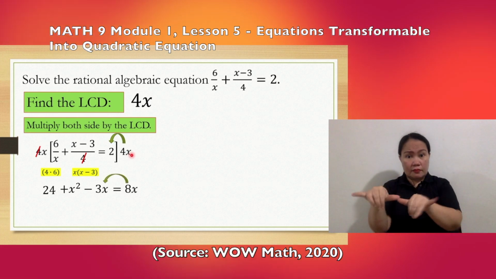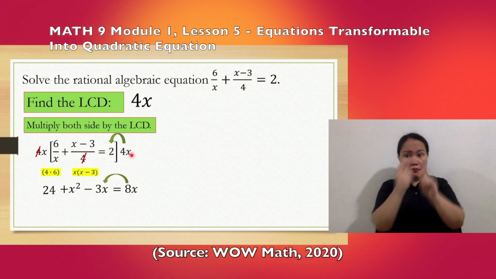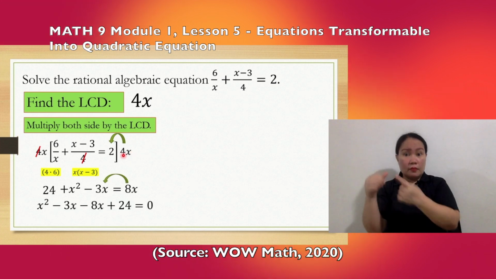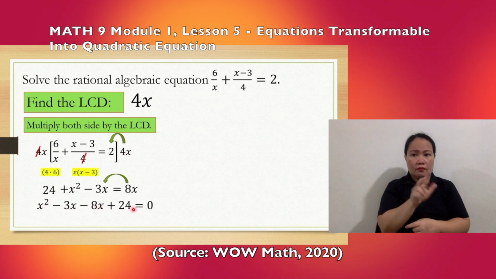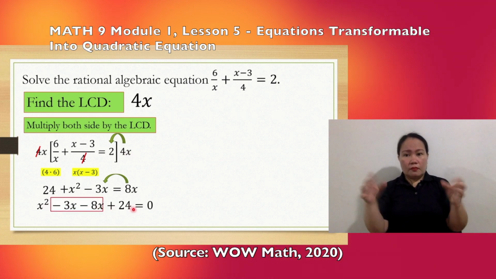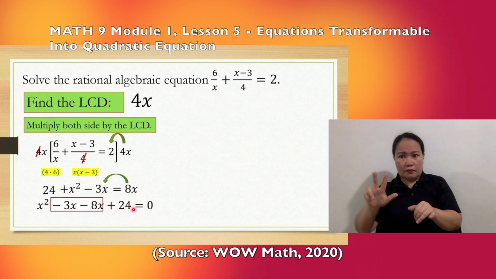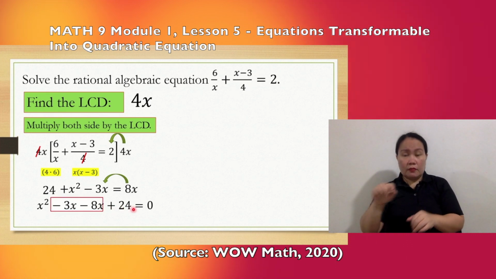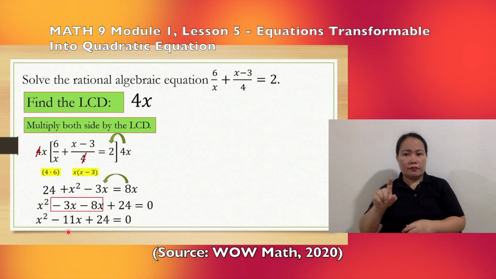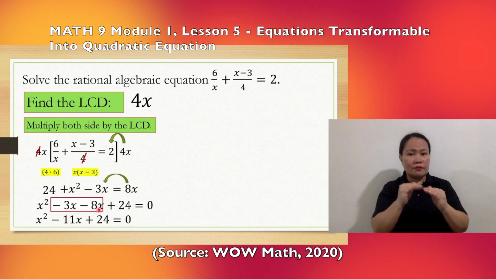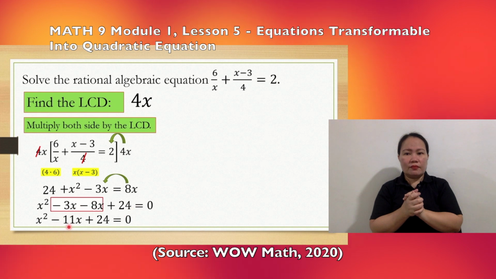So, lipat natin si 8x sa left side. So, ayusin lang natin. X squared minus 3x minus 8x plus 24. Combine natin si negative 3x minus 8x, and our quadratic equation now is x squared minus 11x plus 24, because negative 3x minus 8x is negative 11x.